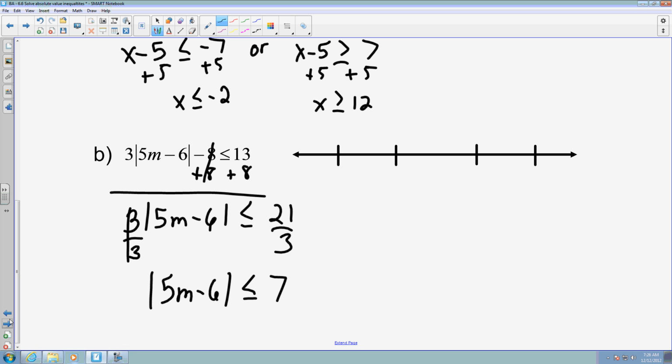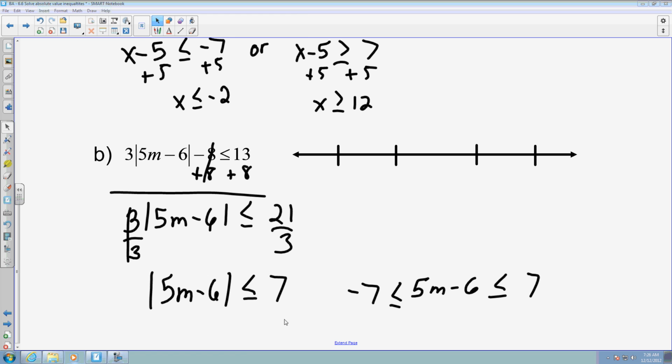So now that I have this, I can say my negative C here would be negative 7 is less than or equal to 5m minus 6, and this is less than or equal to 7, because that's how the general equation shows us in the steps for solving absolute value inequalities.